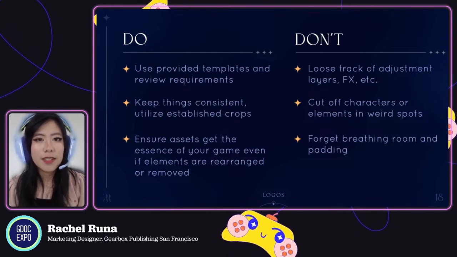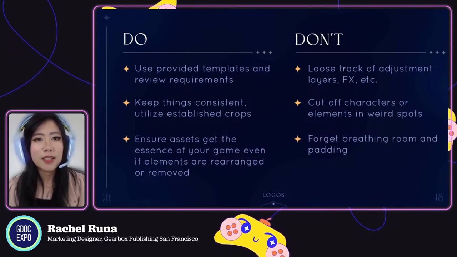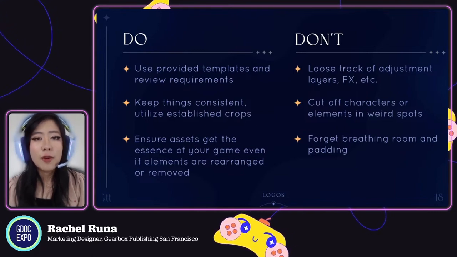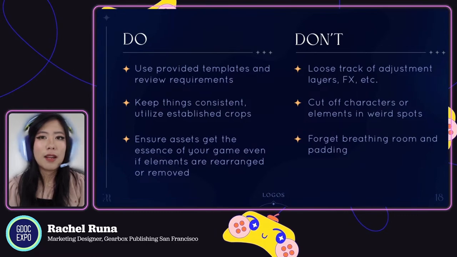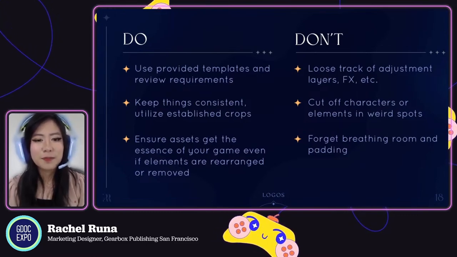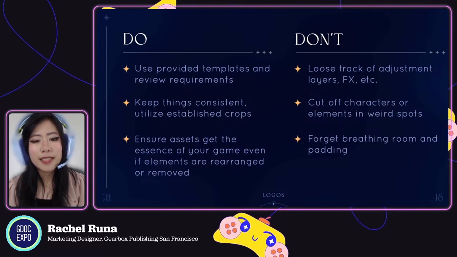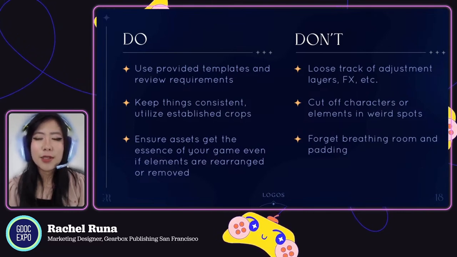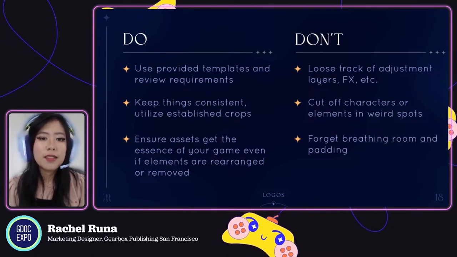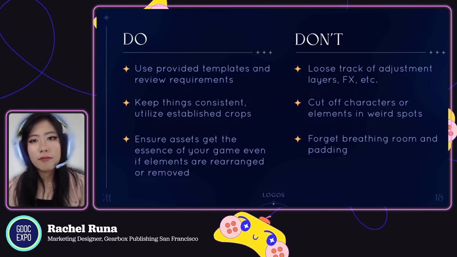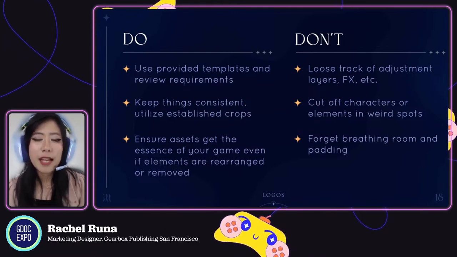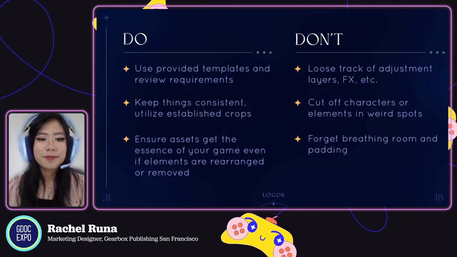A good example of this is when it comes to designing store assets, you don't want them rejected by PlayStation or Xbox just because you have the wrong size or you place things in the wrong spot. Keep things consistent and utilize established crops. Again, like we saw earlier with the crops, these are very common aspect ratios that those platforms will ask for.